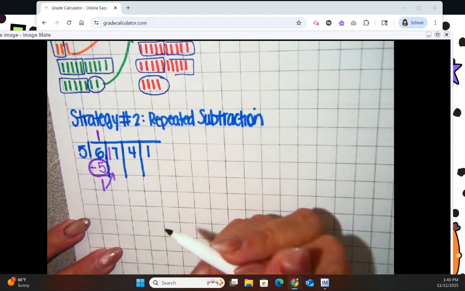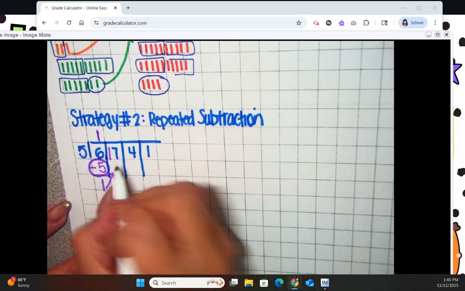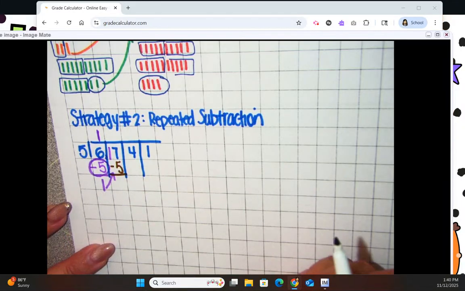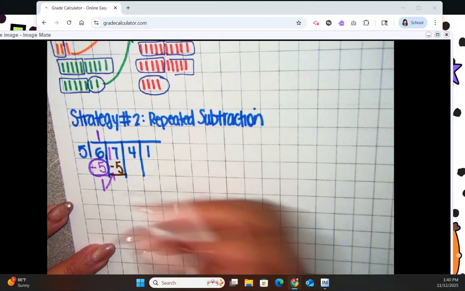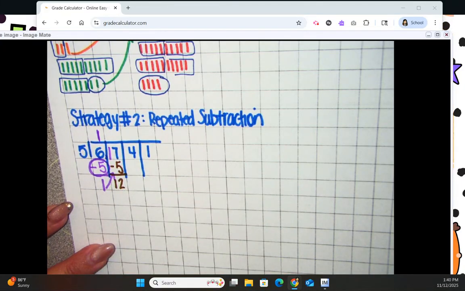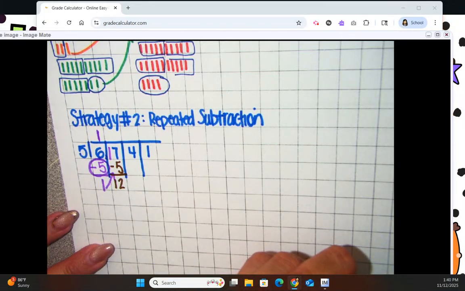If I have 17, can I make groups of 5? Yes. So let's see how many I can build. 17 minus 5 is 12. If I have 12, can I make a group of 5?